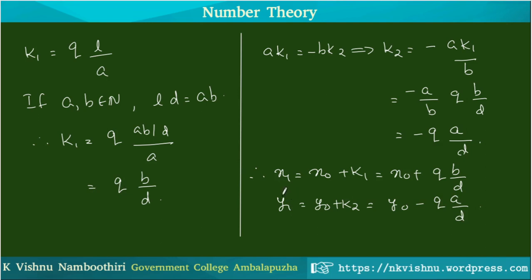If we put q equal to 0, we will get x0, y0 itself. Therefore, if we have x1, y1 a solution, then x1, y1 will be related to x0 and y0 in this way. So this is a very important result we have.